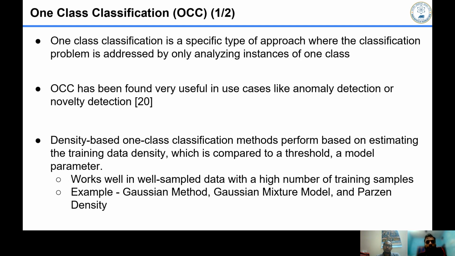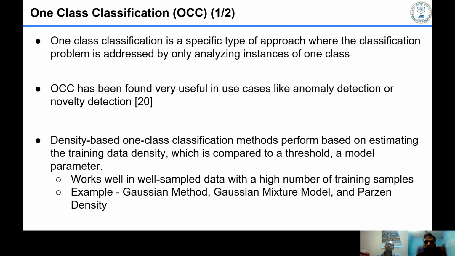There are two broad types of OCC methods. One is density based, the other is boundary based. In the density based approach, the one class classification method performs based on estimating the training data density, which is then compared to a threshold or model parameter to check if, let's say, the actual observation is an outlier or not.